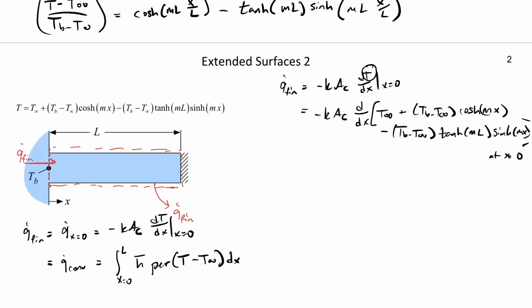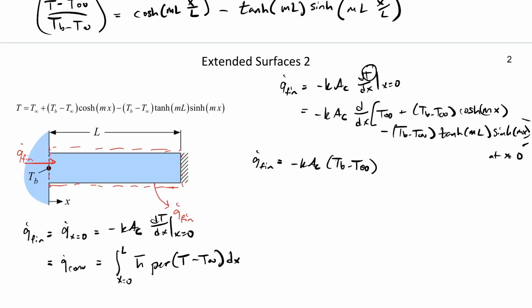If we do that, we end up with q dot fin is equal to minus k A_c, which stays out front since those are constants. We have TB minus T infinity, which we pull out of both terms.